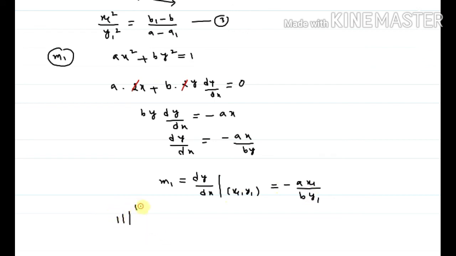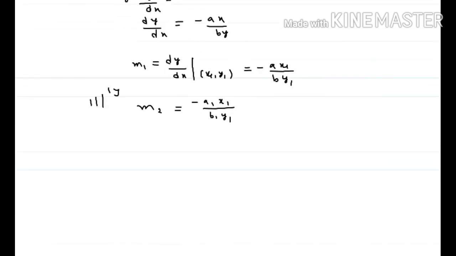Similarly, I can write m2 directly here. The difference is, instead of a, a1 is there, instead of b, b1 is there. I can write minus a1 x1 divided by b1 y1. Again, what is given here? m1 into m2 is equal to minus 1 is given.